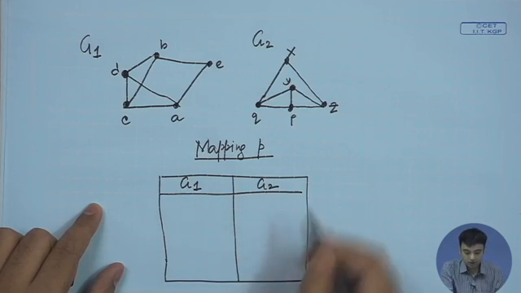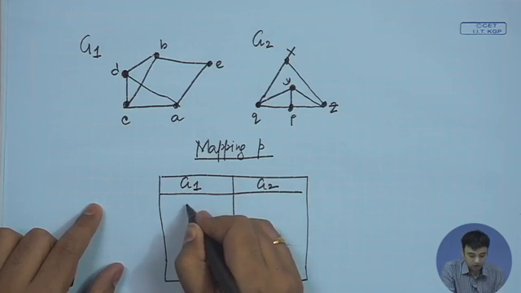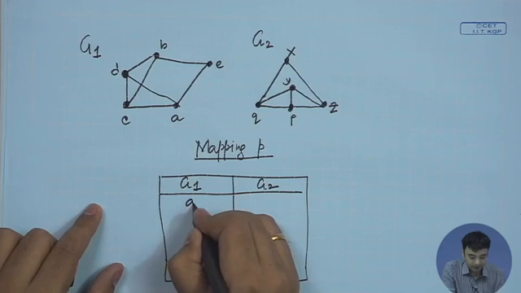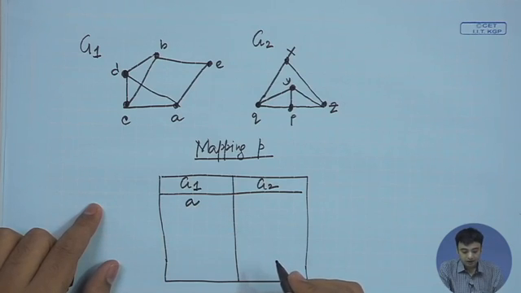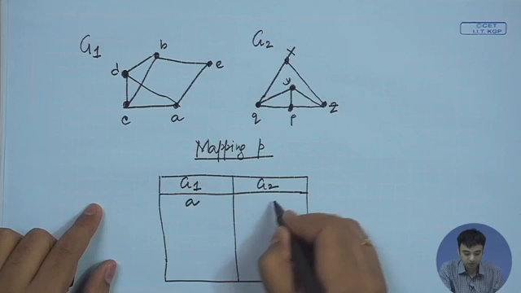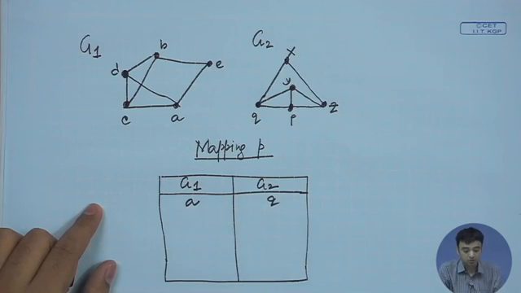The node A in the graph G1 can map to node Q in G2.